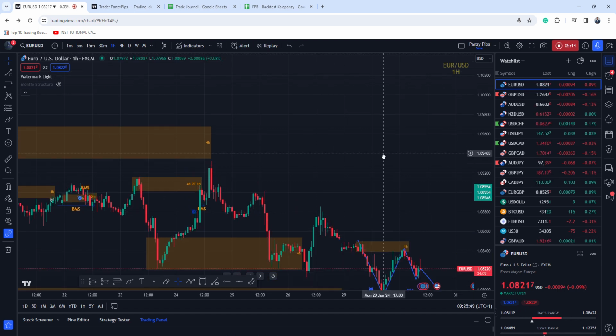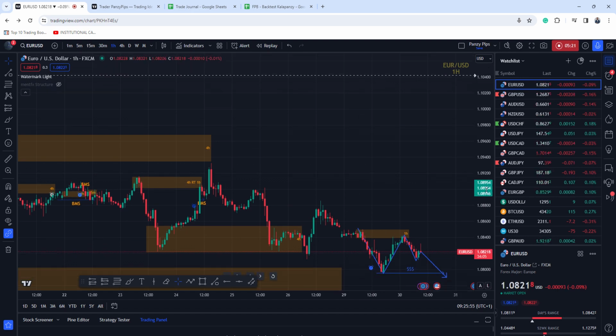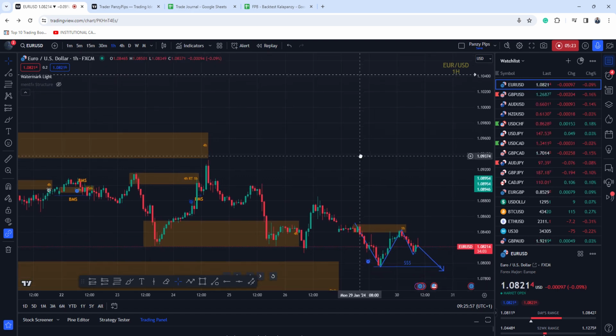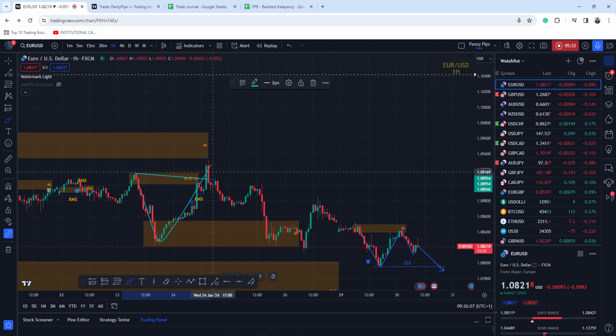All right, on the 1 hour, what do we see? On the 1 hour, it is clear that this market was bearish at this point, then went bullish by clearing out this high. And then our zone was actually here. It was our zone, even on the 1 hour as well as the 4 hour.